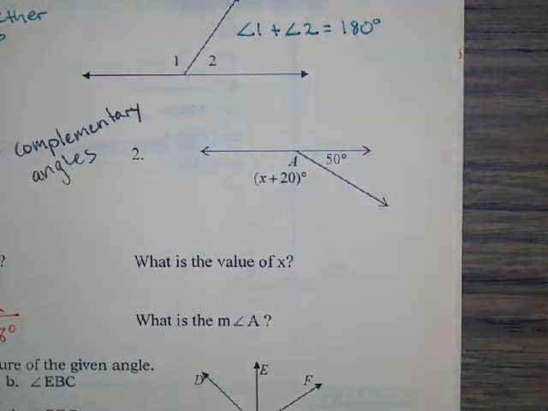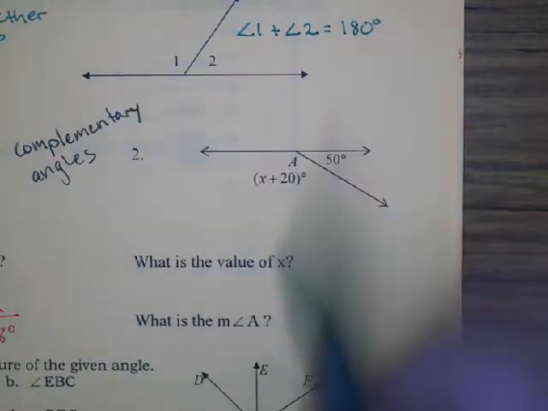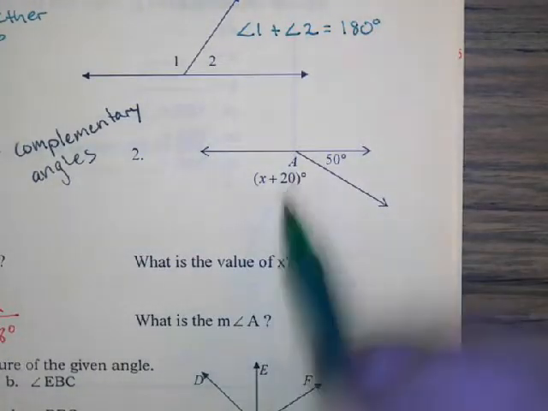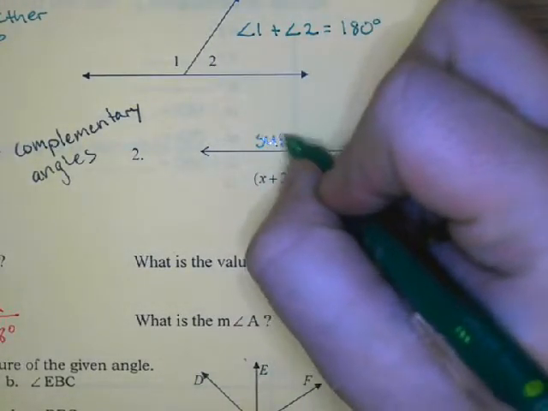On number 2, what kind of angles do we have here? Well, they form a straight angle, so they are supplementary angles.